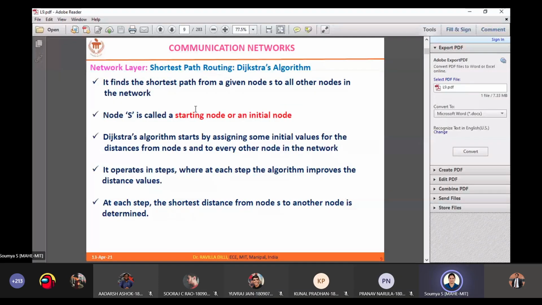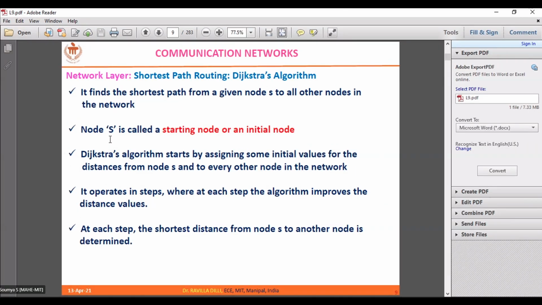So now coming back to this file, what do you do first? Dijkstra's algorithm finds the shortest path from a given node to all the other nodes in the network. And this node S is also known as a starting node or an initial node or the source node. It starts by assigning some initial values for the distances from this particular node to every other node.